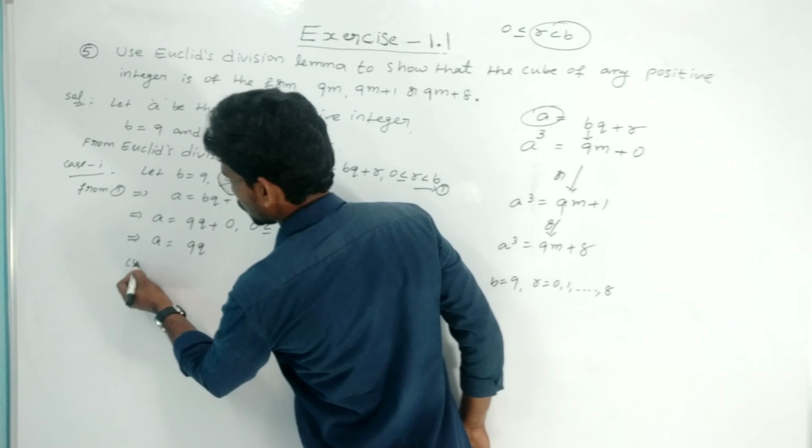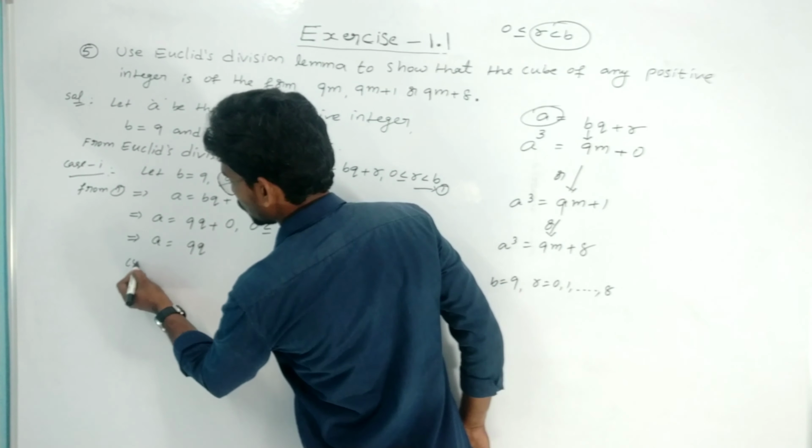Now case 2. Let b is equal to 9, r is equal to 1. In the previous case, we used b is equal to 9, r is equal to 0. So in case 2, let b is equal to 9, r is equal to 1. Now, the b value and r value are substituted in Euclid division lemma, that is equation number 1.